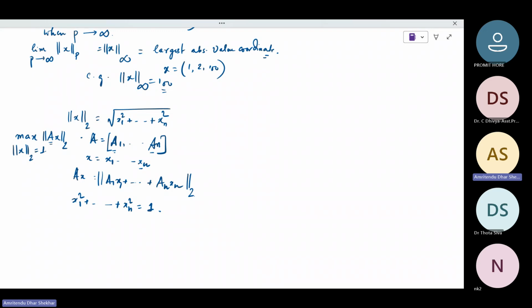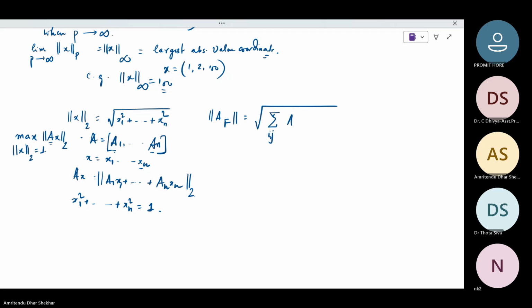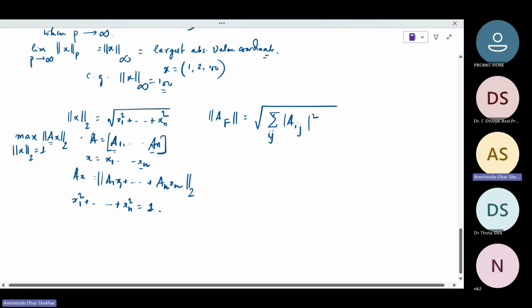The two norm is equal to the largest eigenvalue of A. And the Frobenius norm is defined as this. This is the Frobenius norm.